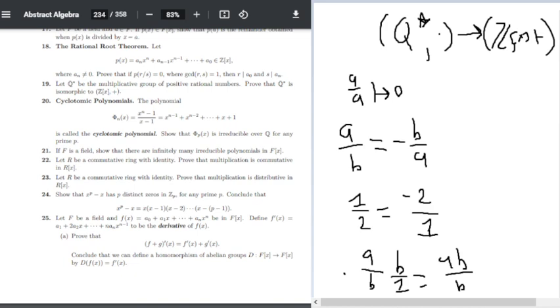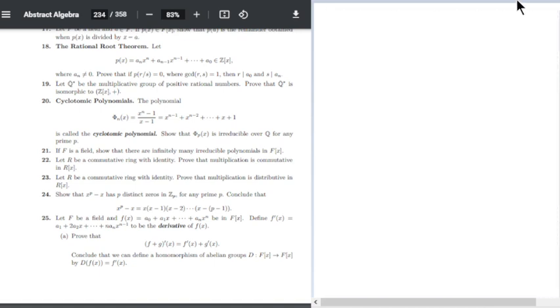So like let's think about some stuff here. So first of all, a over 1 squared equals a squared over 1 still.